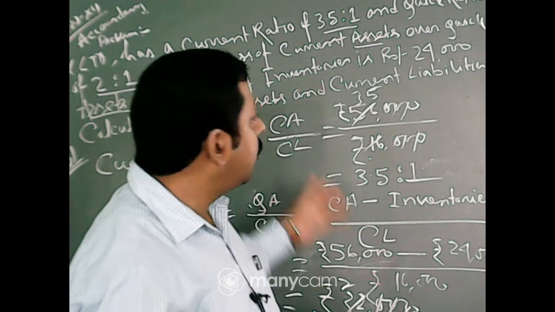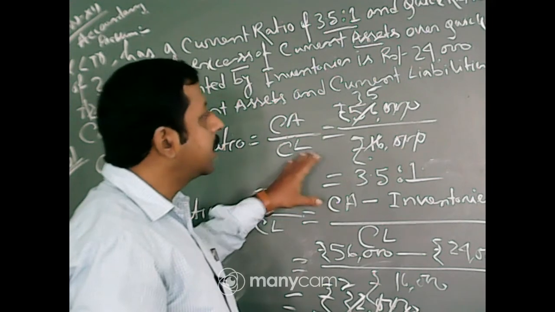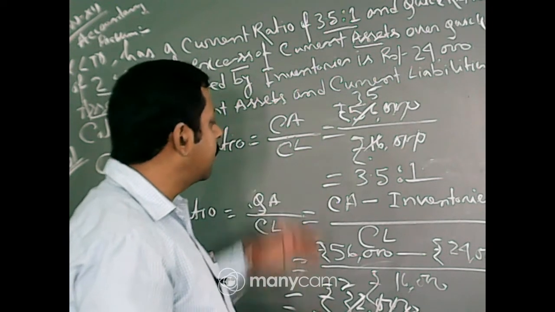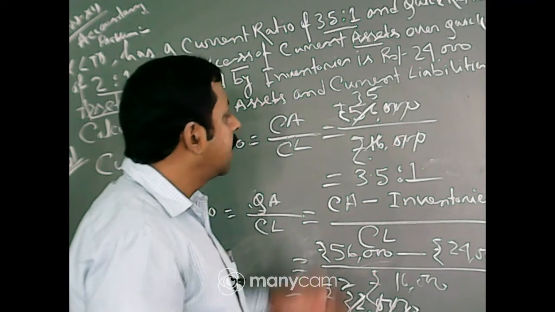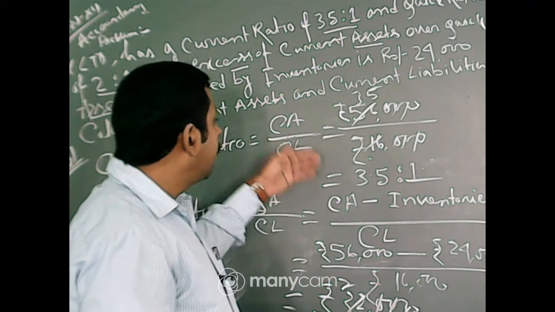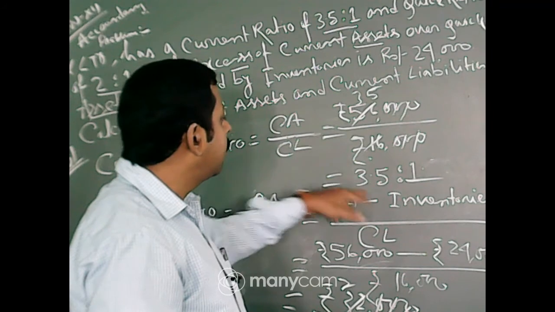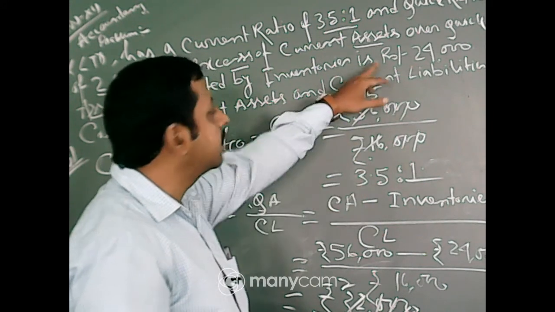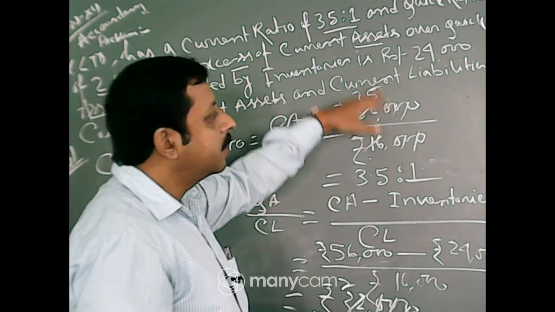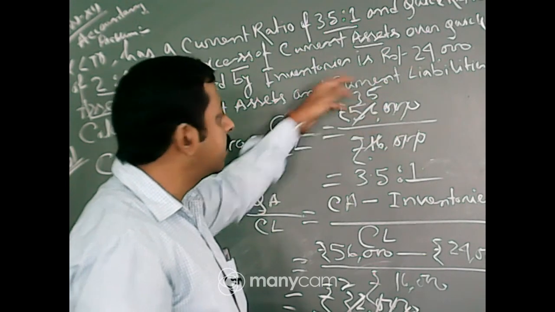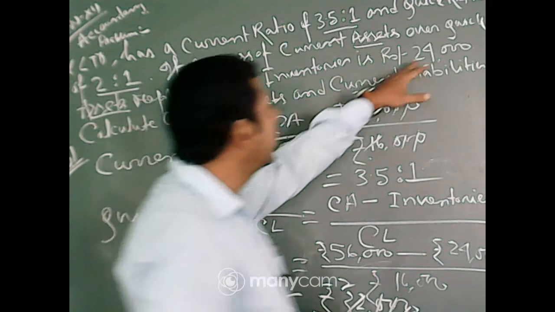So in an organization also, you should maintain a standard ratio so that the organization can use its resources properly. And you should always look at why the current asset is so high for the current liability. Here the reason is inventories: out of 56,000, 24,000 is your inventories only.